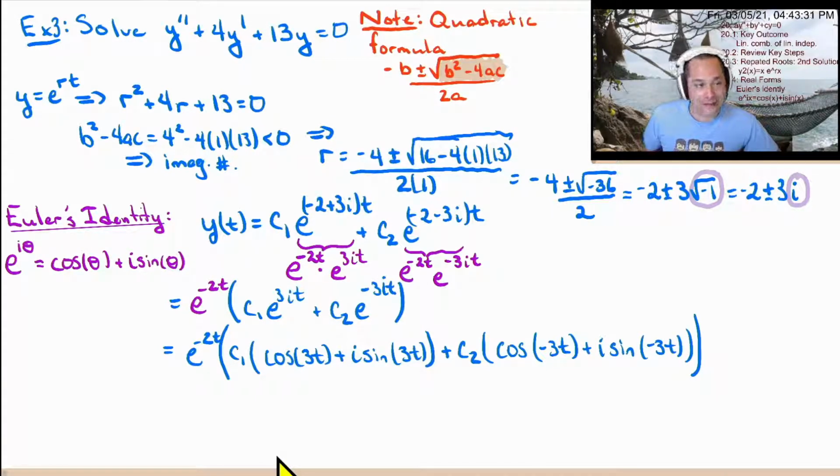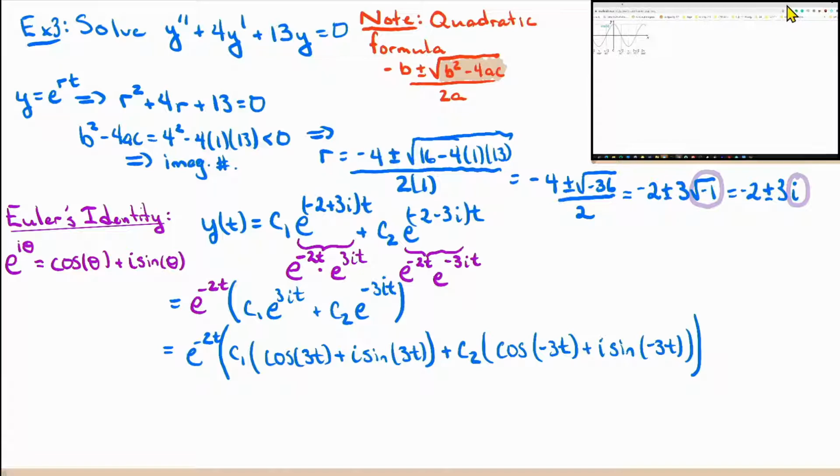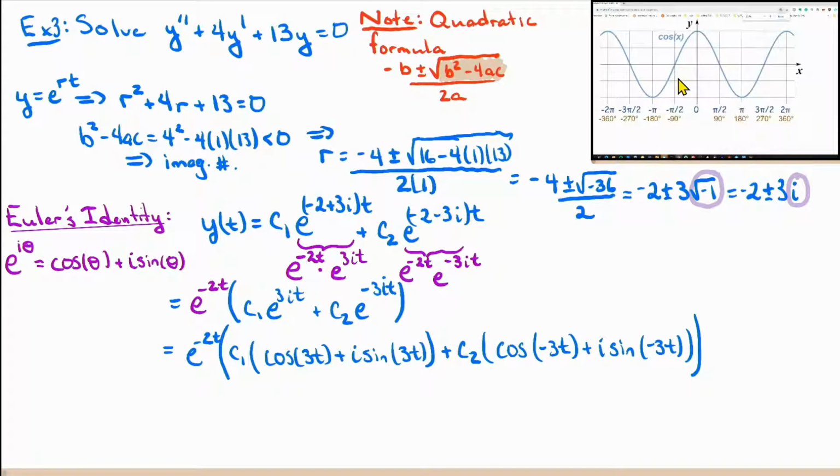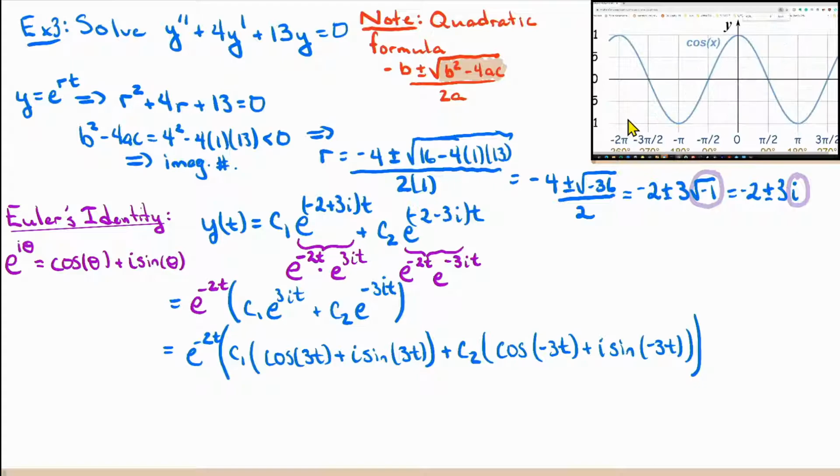And I want to regather everything. I want to tidy everything up. But to tidy everything up, I need to really look at these terms. In your mind's eye, think about the cosine function. If I look at the positive x-axis in this graph, this is my cosine function. If I compare that to the negative x-axis, so if I go out to this point in negative x, what am I going to be?